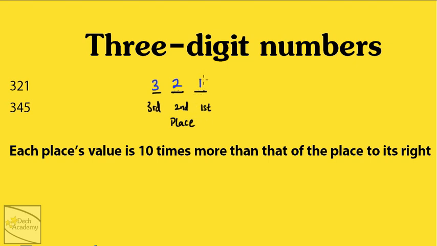As you can see, the digit 1 is in the first position or place. So I can interchange position and place. And this first place is known as the units place, represented with a U. The second place is known as the tens place. And the third place is known as the hundreds place.